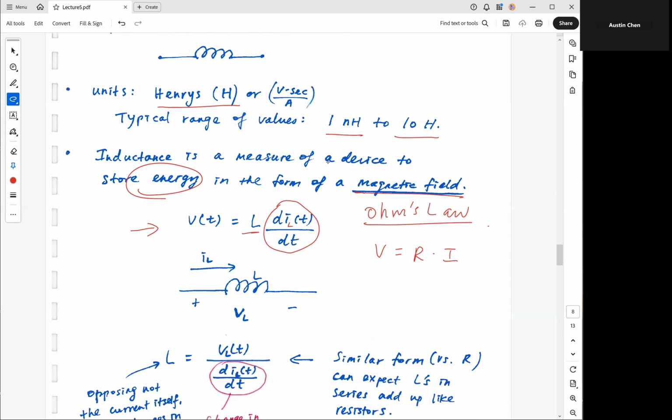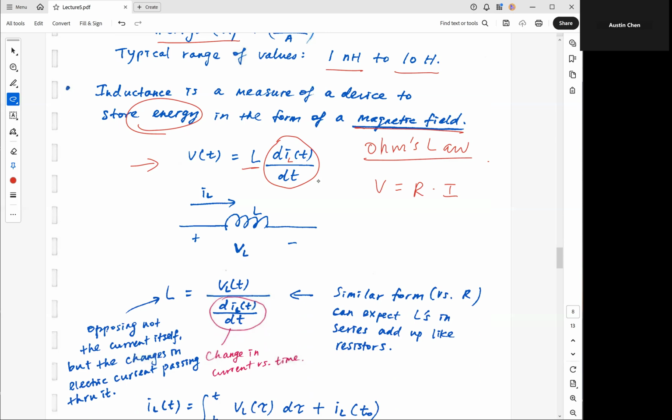So in other words, if a resistor is opposing the current passing through this resistor itself, an inductor is opposing not the current, but is opposing the changes in the current passing through it, because we see that this is dIL over dt. It's opposing the changes in the current with respect to time, not the absolute current itself.